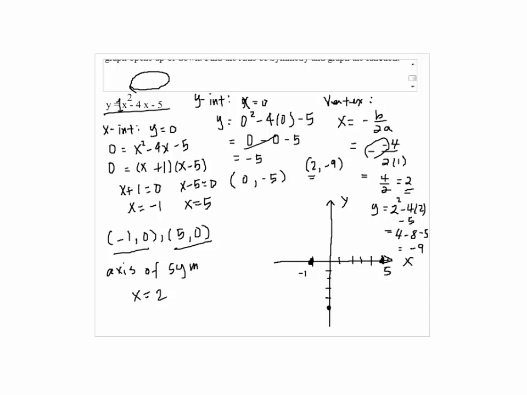The vertex is 2, negative 9, so we go down by 9. So we draw right here. And the axis of symmetry will be x equals 2, so that is a vertical line. So we can make a parabola that goes through all 4 points.